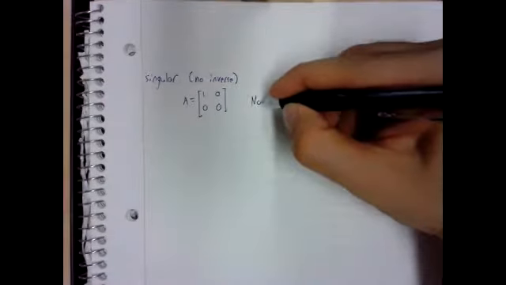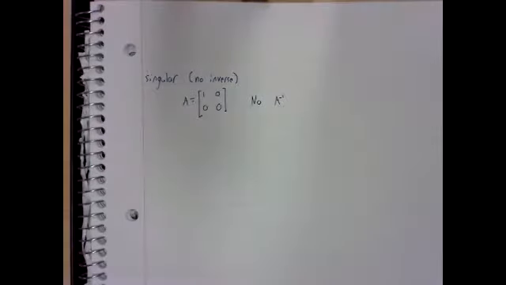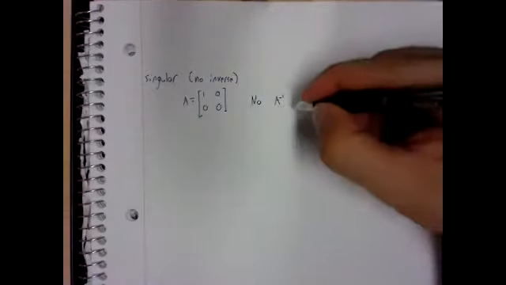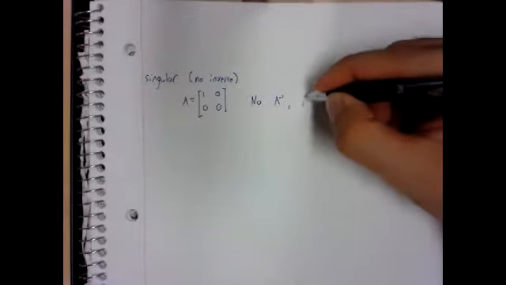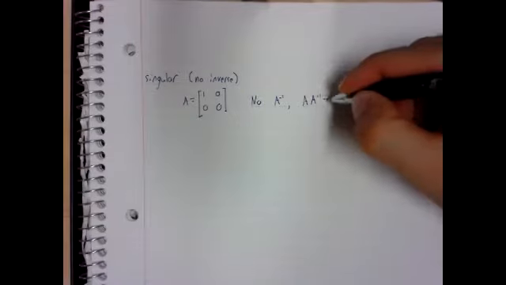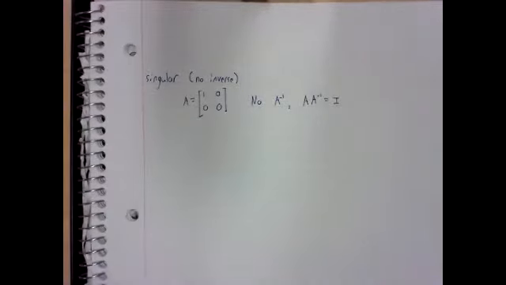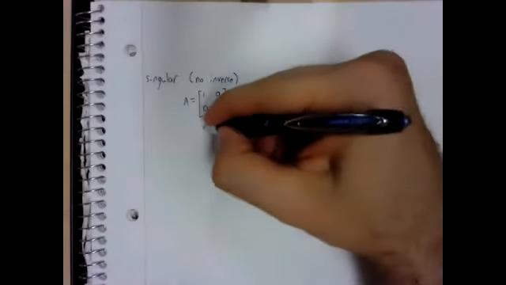I claim that there's no inverse matrix A inverse such that A times A inverse equals the identity matrix.